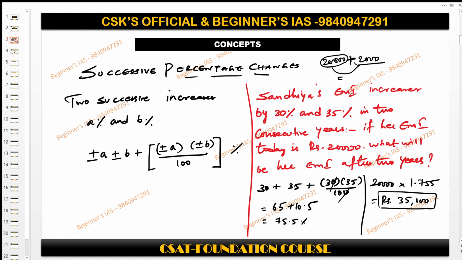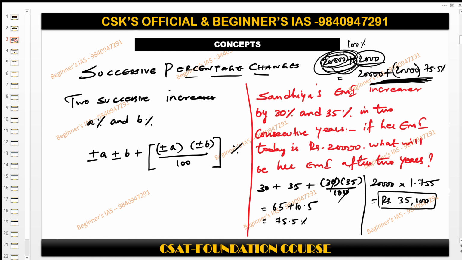So therefore we are calculating these. Or else we can calculate in this way also: 20,000 plus 20,000 of this much increase. Understood? Okay, sir. This also gives you same answer. Instead of this, you can say that initially 20,000 you need to assume as 100%, isn't it? Yes, 100%, sir.